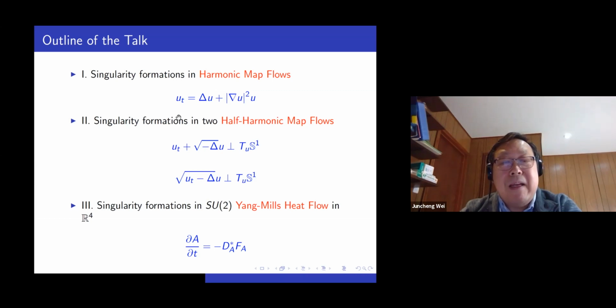The second one is the Half-Harmonic Map Flow. I'll talk about some different singularity formations in these two Harmonic Map flows. And finally, I will discuss recent work on singularity formation for the Yang-Mills heat flow in R4.